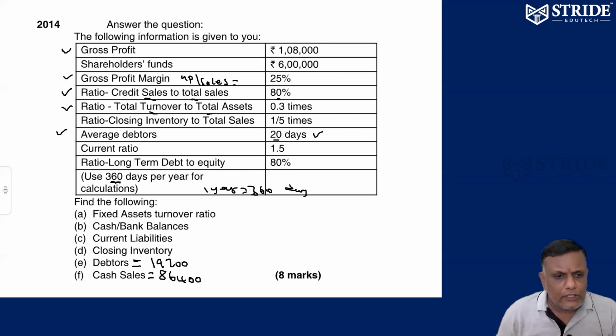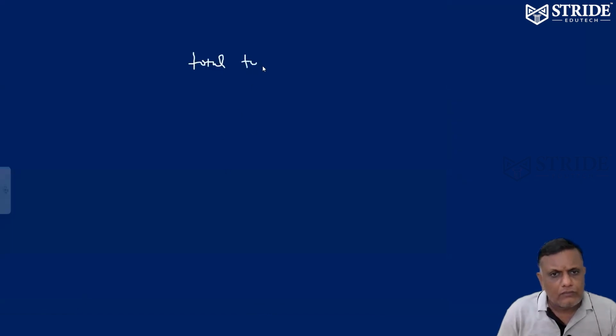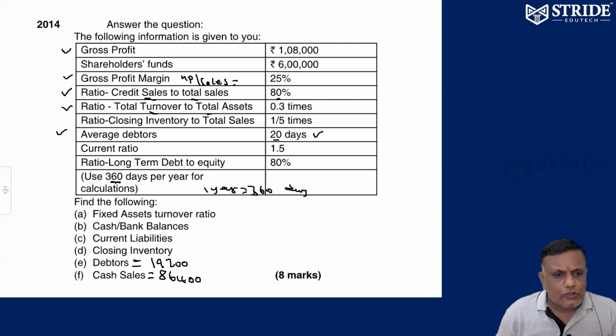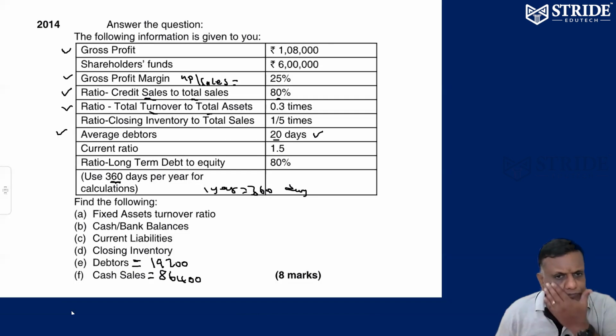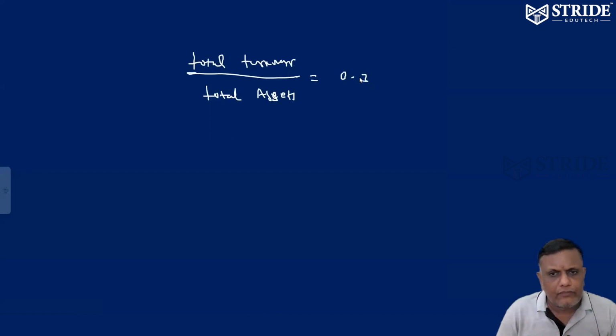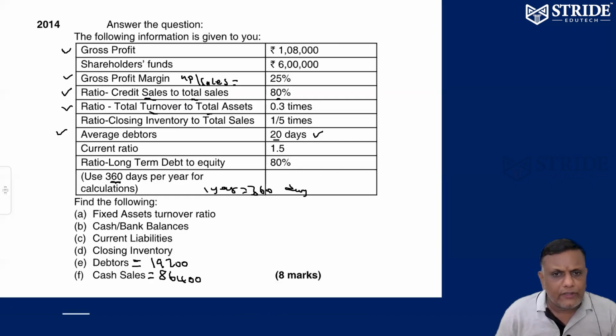So total turnover by total asset is equivalent to 0.3 times.